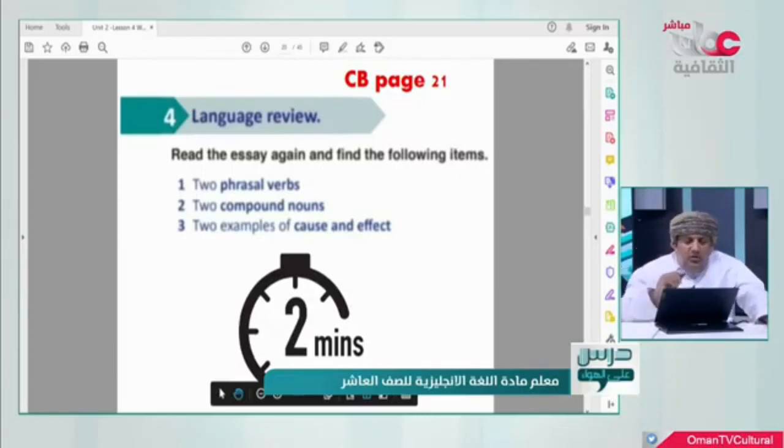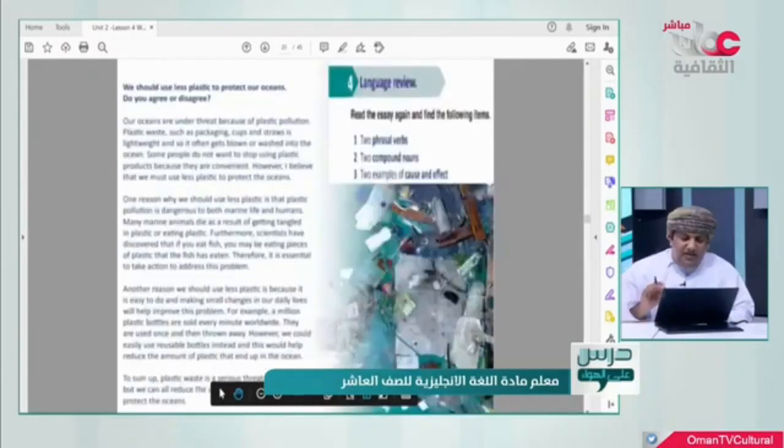Number 2, 2 compound nouns, also learned in this unit with Ms. Fatma. Also, 2 examples of cause and effect, which you have learned in Unit 2. I will give you 2 minutes to complete this task.